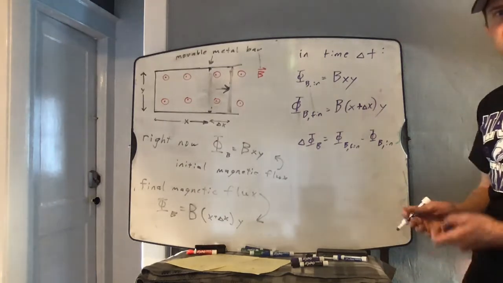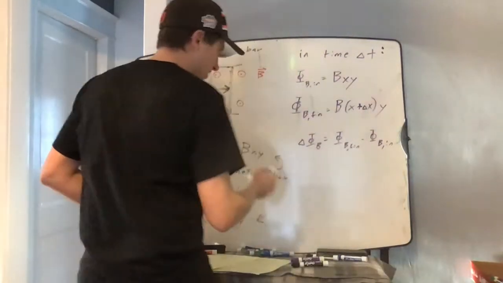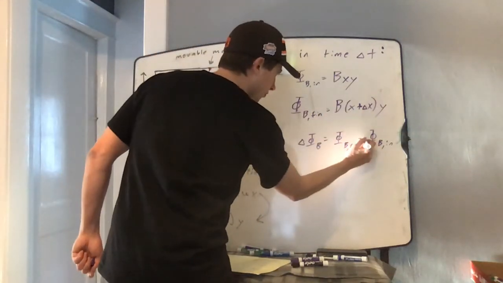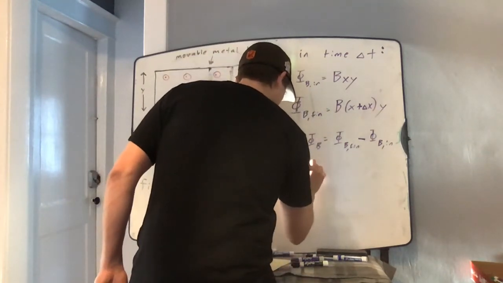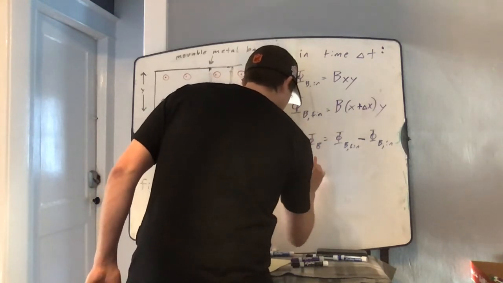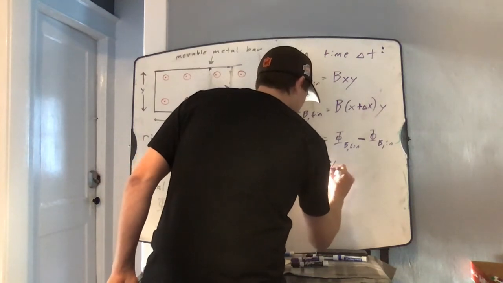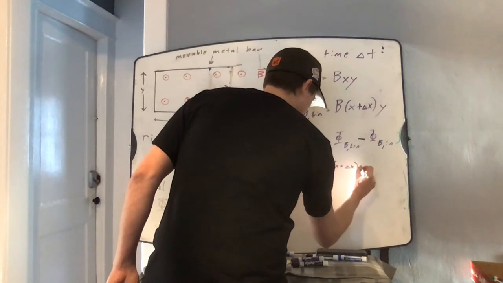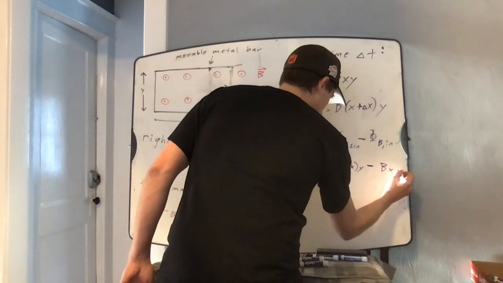So let's find out what this change in magnetic flux is going to be. I could say, okay, final is that value, initial is that value. So I have the change in magnetic flux is going to be B times x plus delta x times y minus Bxy.